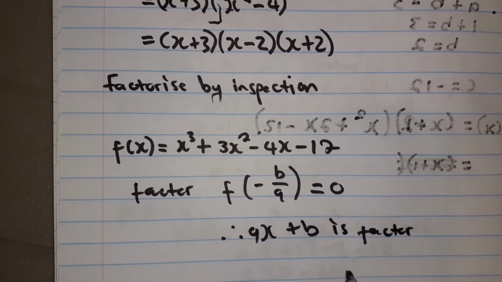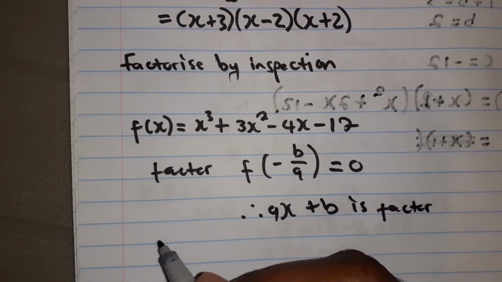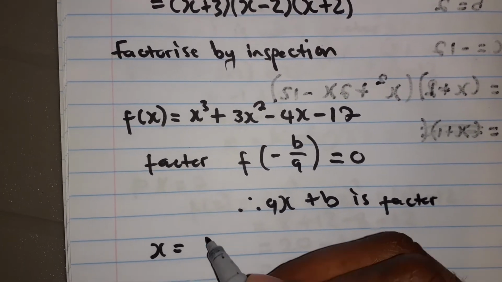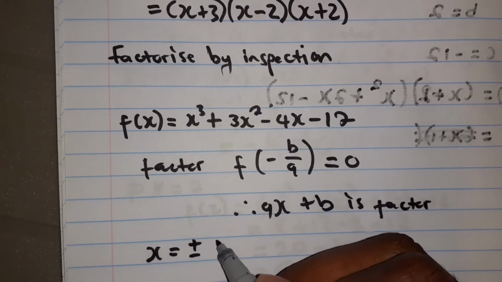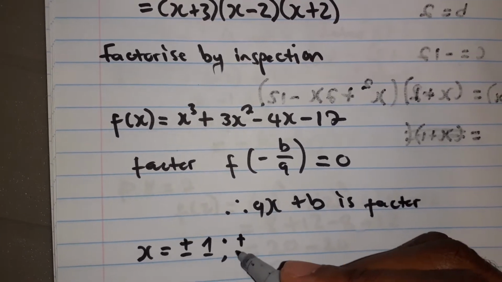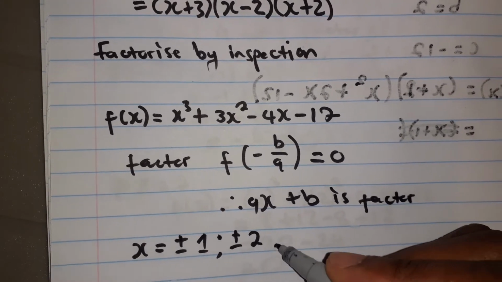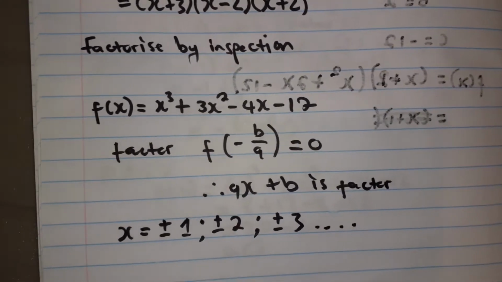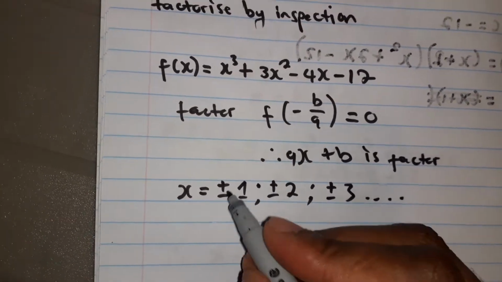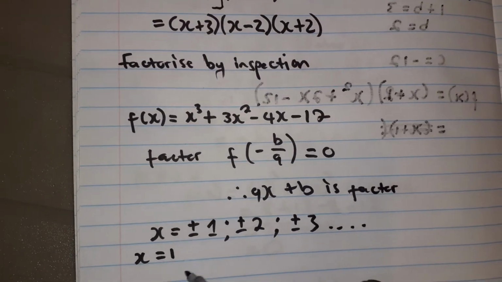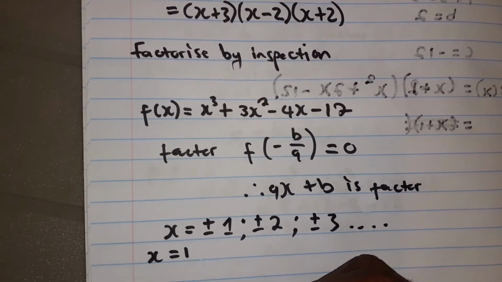Then we choose the values of x. We assume plus or minus 1, then plus or minus 2, then plus or minus 3. So I assume x is equal to 1. X is equal to 1. We substitute it in.